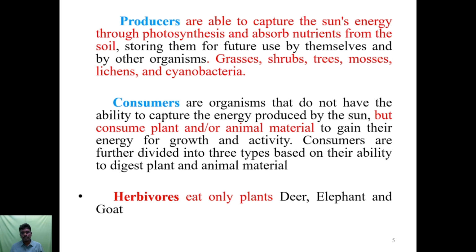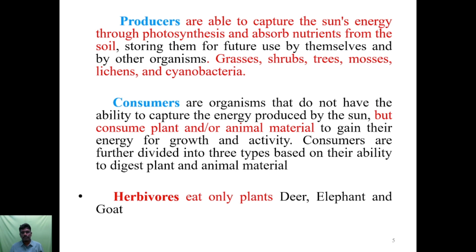Then consumers. Consumers are organisms that do not have the ability to capture the energy produced by the sun. Unlike a tree, these living things cannot produce their own food by capturing the sun, but consume plant and animal material to gain their energy for growth and activity.